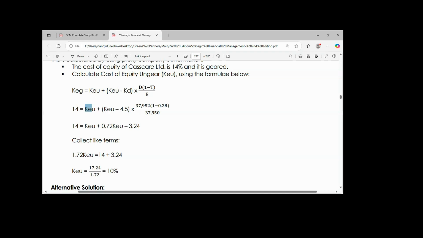You need to expand the one in the brackets because all of these are together. You can't separate it. Therefore, 0.72 multiplied by KEU will give you 0.72 KEU. 0.72 multiplied by 4.5 will give you 3.24. Therefore, the next thing you need to do is to collect like terms.